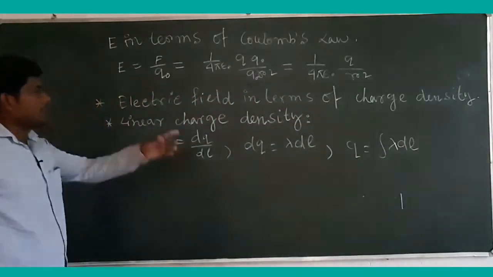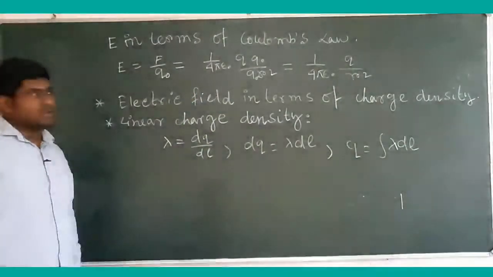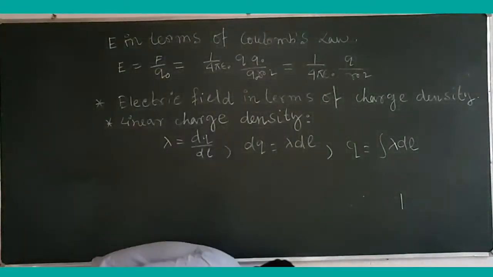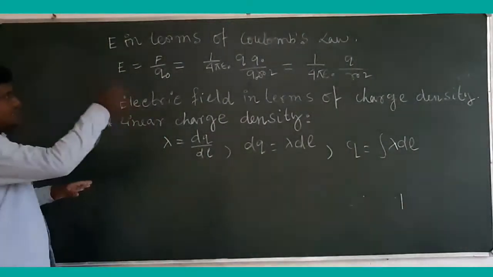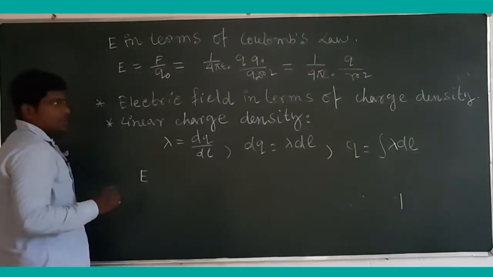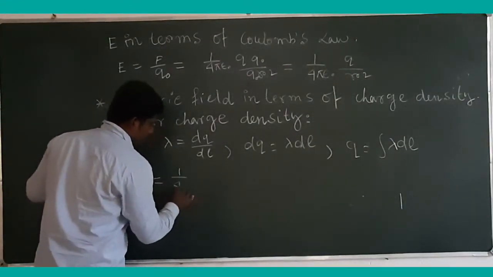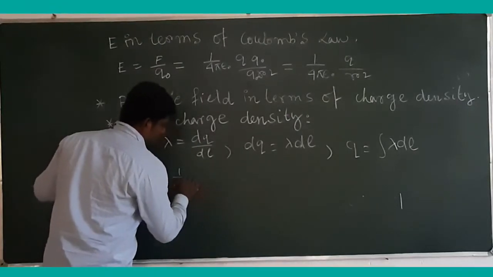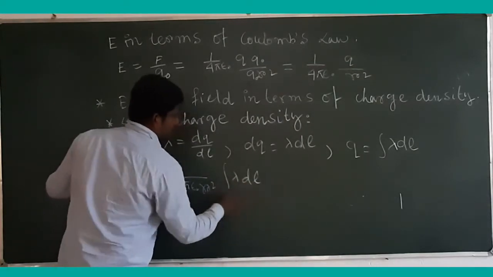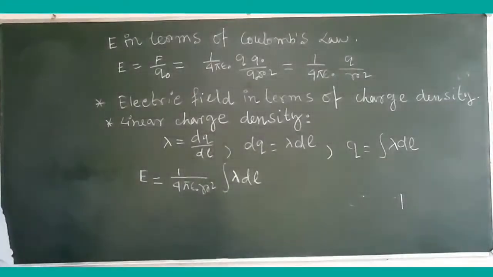So that expression can be replaced in that equation of electric field E, and after putting that expression you can write electric field E. This will look like 1 by 4 pi epsilon 0 r square integral lambda dl.